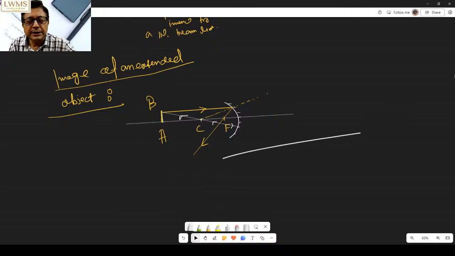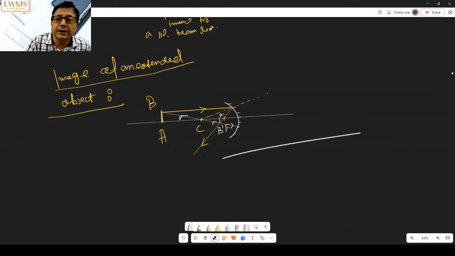So this is the position of the image. A dashed B dashed is the image. We have got a real object and a real image, but the real image has become inverted. Clear? You understand the diagram?